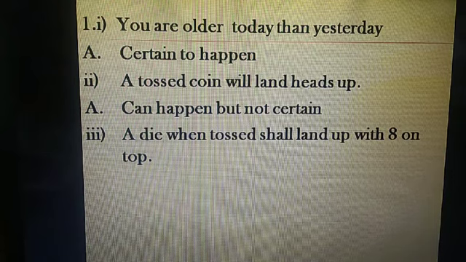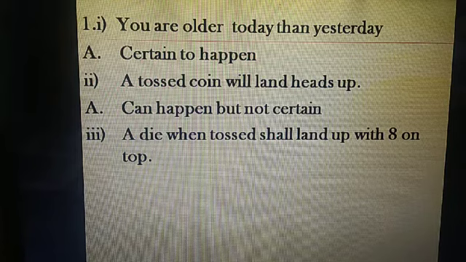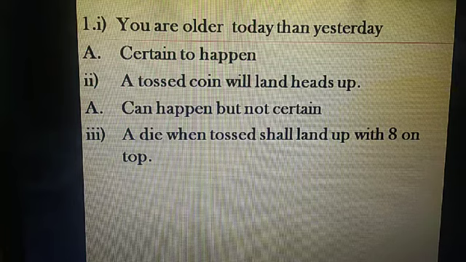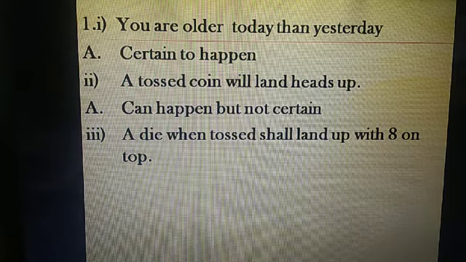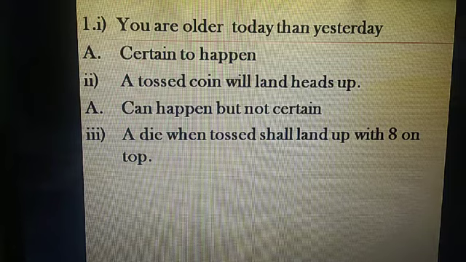A die. What is a die? That you will use while playing Ludo or snakes and ladders. A die when tossed shall land up with 8 on top. Is it possible? No. Why? Because a die has markings of 1, 2, 3, 4, 5, 6.